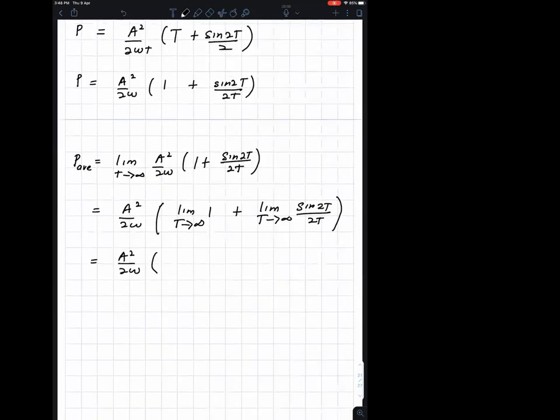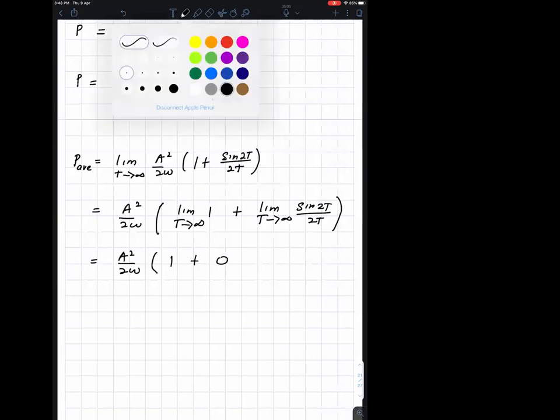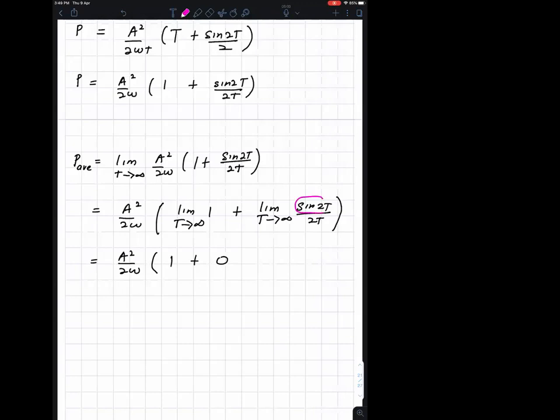Okay, limit as t goes to infinity, when there's no t dependency, it's just going to be 1 here, right? And the limit of 1 as t goes to infinity is just 1. The other part is 0. We already analyzed this. As t goes to infinity, this is going to be just plus or minus 1, but this will go to infinity.